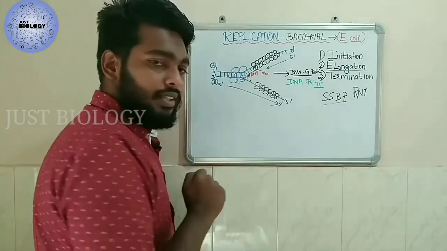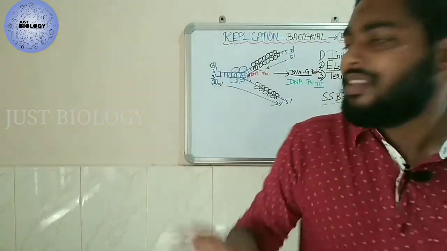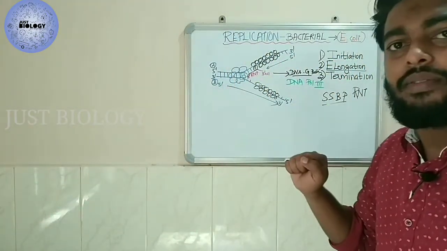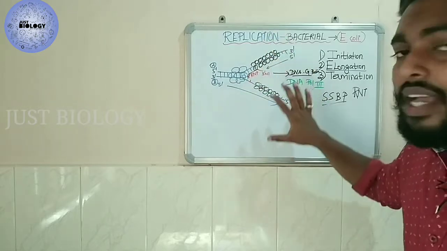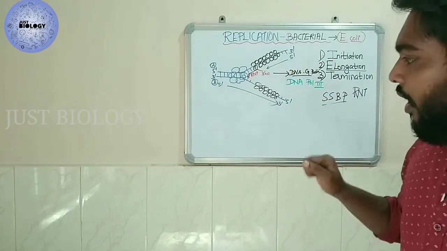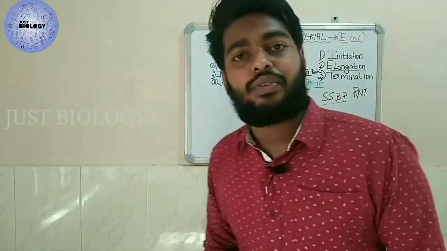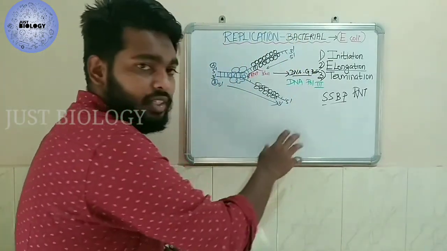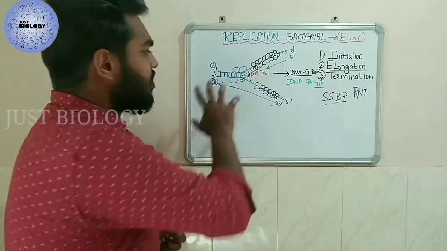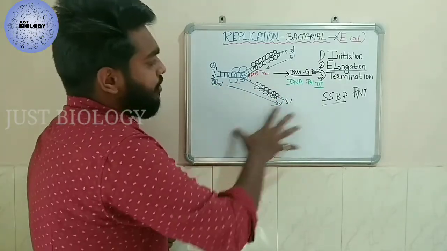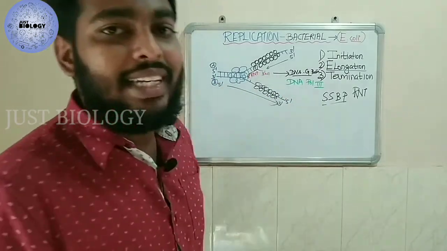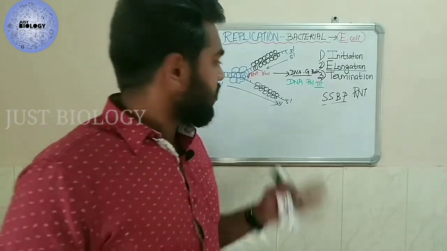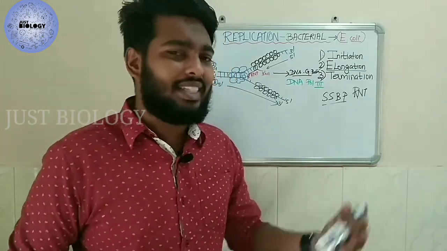In such a case, the DNA will rearrange itself. And this is the important part of DNA replication, the rearrangement of the strand. I'm not going to talk about all those things in much detail.